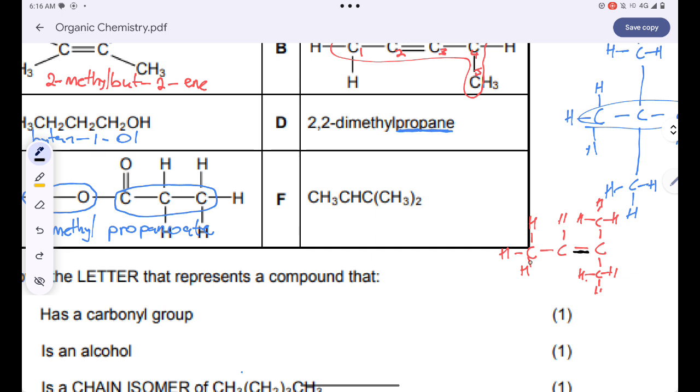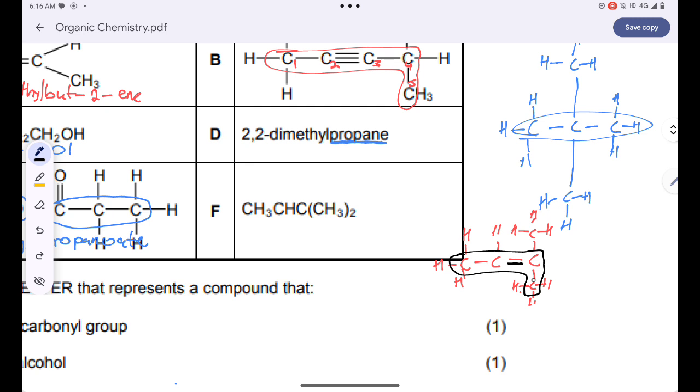Are you together? So our parent chain will be this one, or you can rather say our parent chain is that one. It's up to you. And then we'll have carbon number 1, 2, 3, and 4. I can see that in carbon number 2, I have a side chain, methyl.